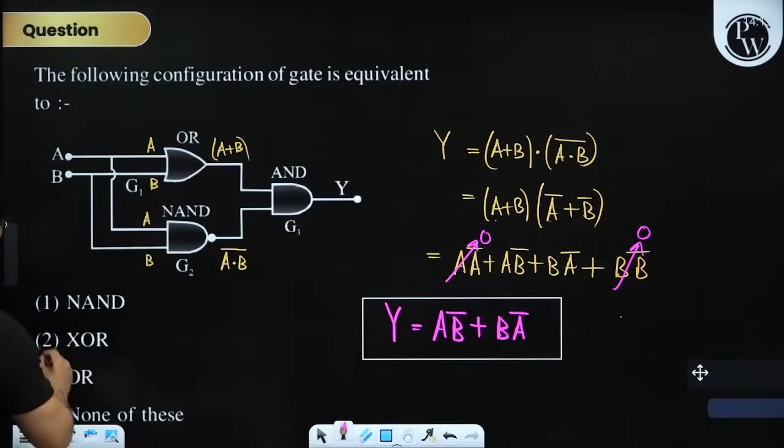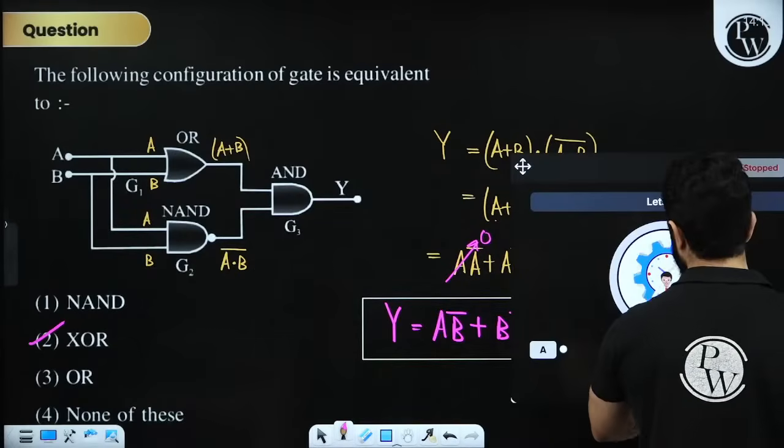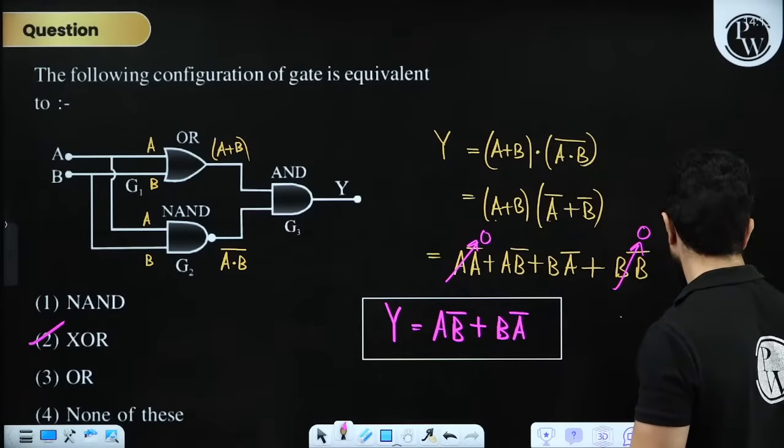And this is going to be your XOR gate. Clear? My dear friends, any doubt in this? Let me know. Sorted? B is absolutely correct. Good. Very, very good. Moving on to the next one.